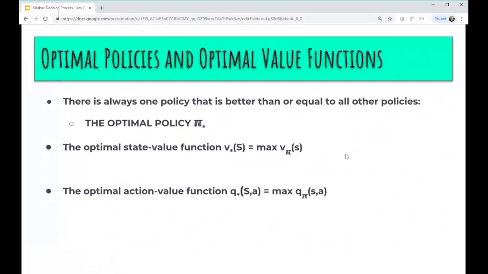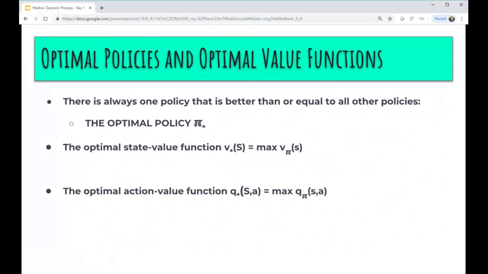So now, given this concept of a policy, or a particular way of acting, let's talk about optimal policies and optimal value functions. There's always one policy in any MDP that is better than any other policy you could follow for that MDP, and that particular policy is given the name the optimal policy, denoted pi sub star. There's also an optimal state value function and an optimal action value function.